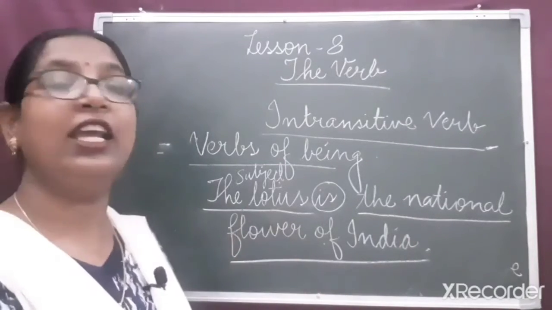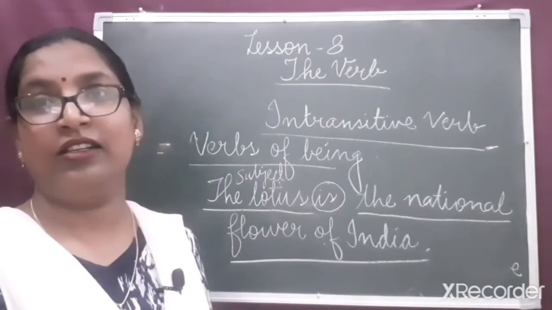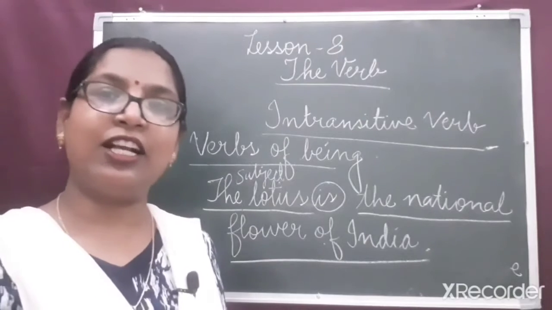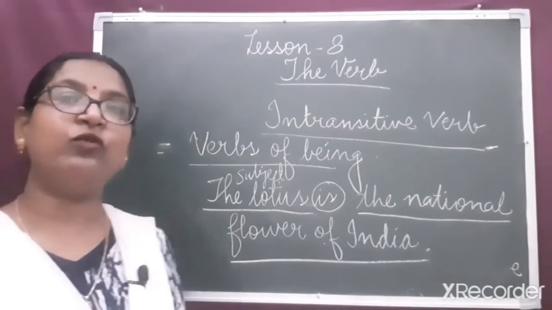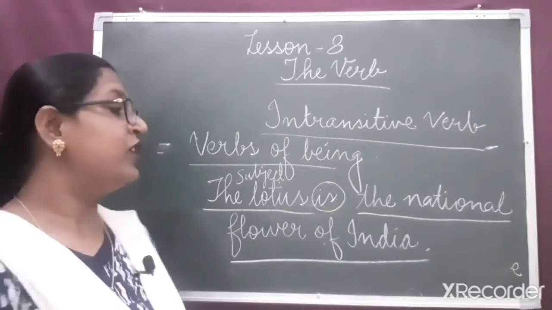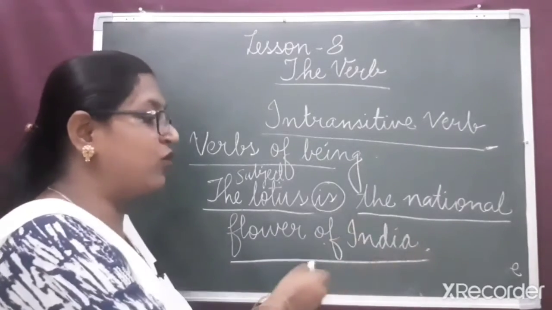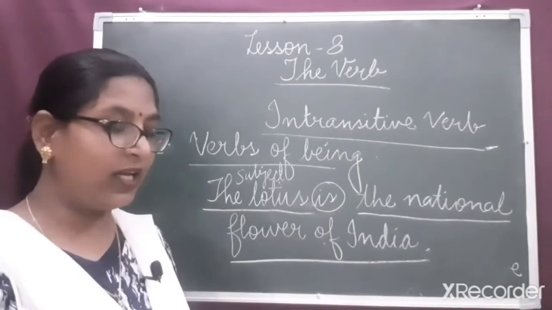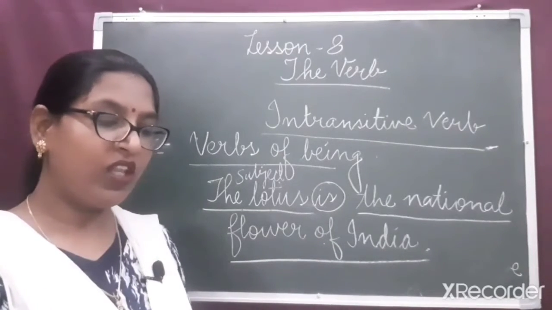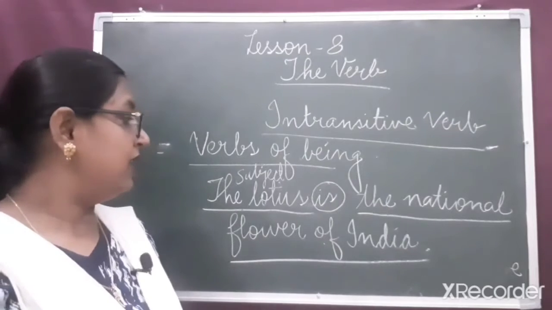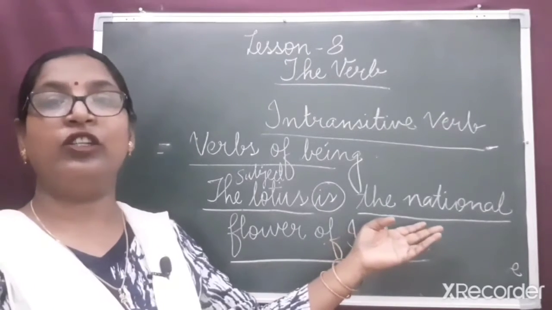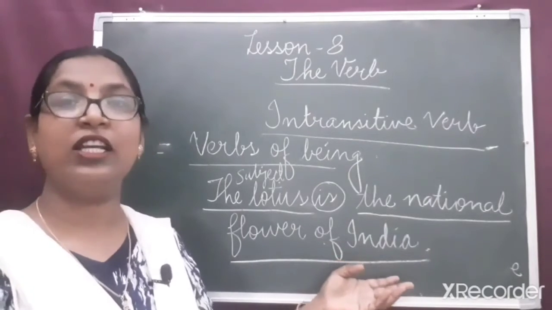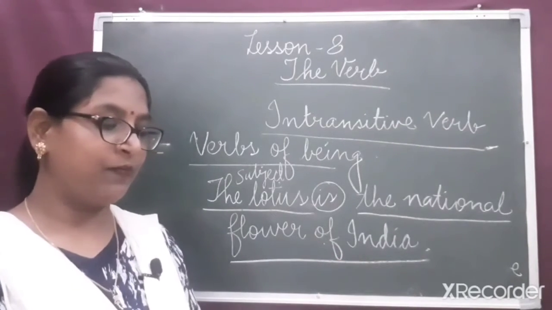If we simply say the lotus is, though there is a subject, there is a verb, the sentence is incomplete. We need some more words to complete its meaning. So these words are called complements because they are completing the meaning of the sentence. When a word or group of words are used to complete the meaning of the sentence, they are called the complements.